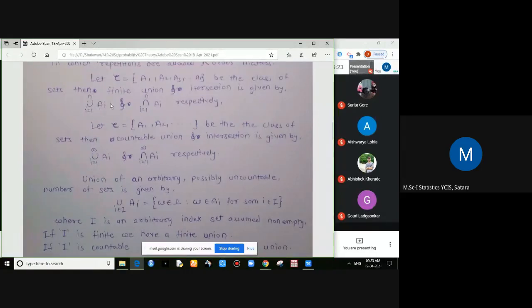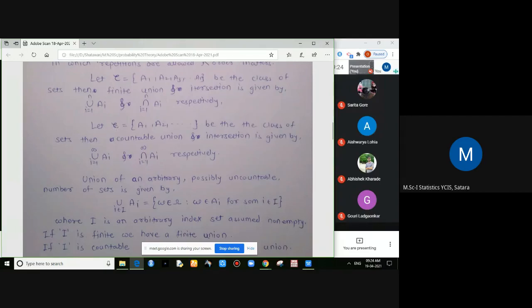The Ai are sets, and we take the union of all such Ai. Since we have a finite number of sets, n sets, if we take the union of all of them, it is the finite union. If we take the intersection of all these finite sets, it is the finite intersection.